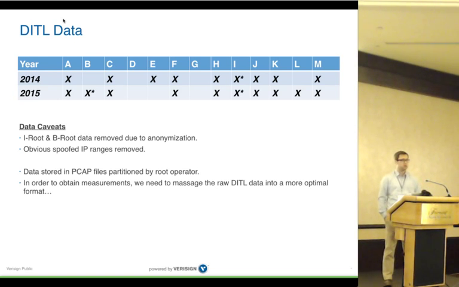In 2015, we had 10. In 2014, we had to remove I-root, and in 2015, we removed both B-root and I-root again. The reason we did this is because the source IP address in those countries where that data was captured was considered PII, and those were anonymized, so it didn't really work for the purposes of our study. We also obviously removed spoofed IP addresses from our analysis as well.